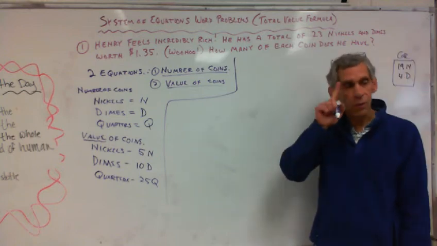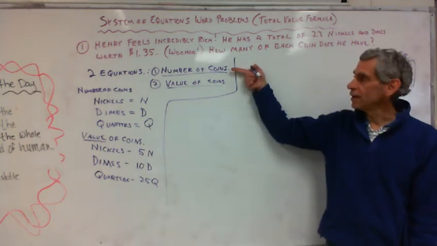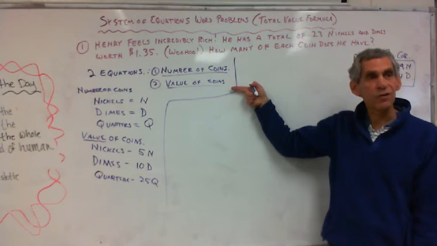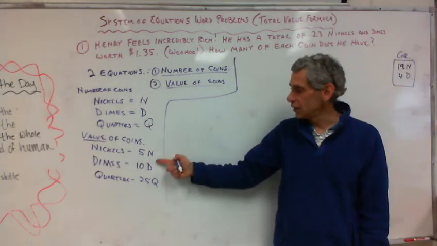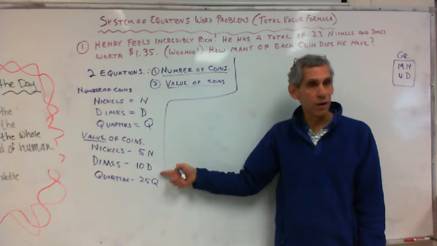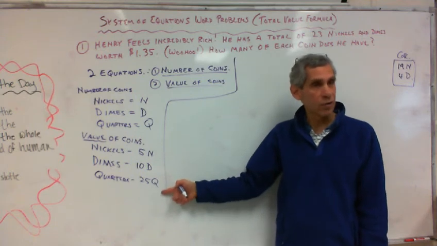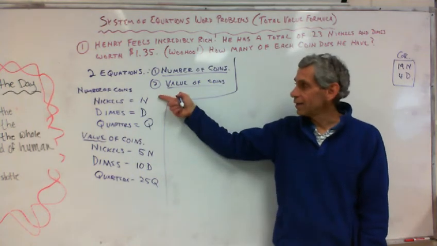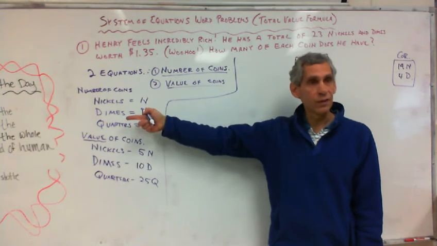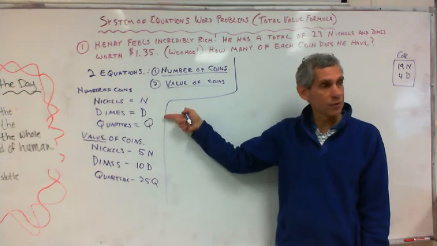No. Think about what you're doing. You're confusing the number of coins, or quantity, with the value of coins. I'm not even talking about value. You're suddenly trying to get the 5 and the 10 and the 25 in front of the variables, but that's only if you're talking value. We're talking the numbers. Whenever you see nickels for numbers, it's N. Whenever you see dimes for numbers, it's D.